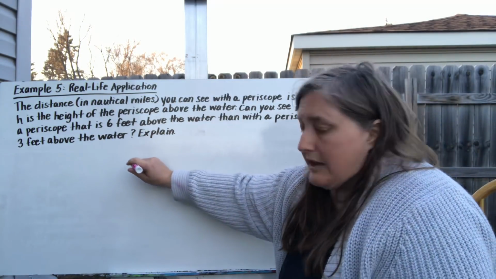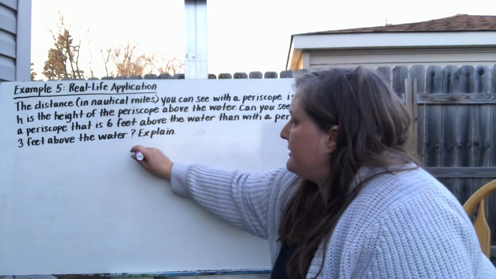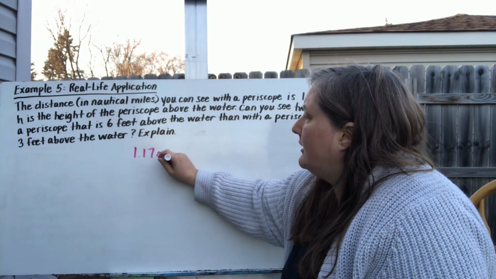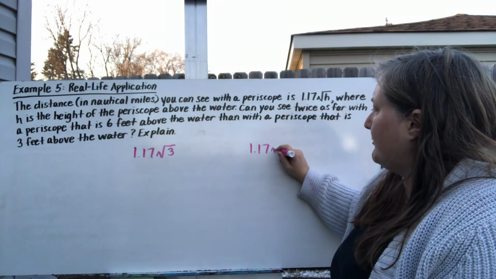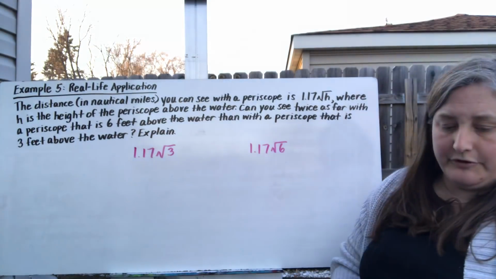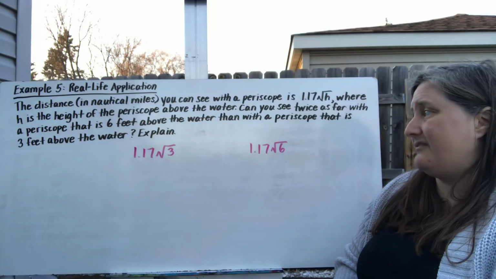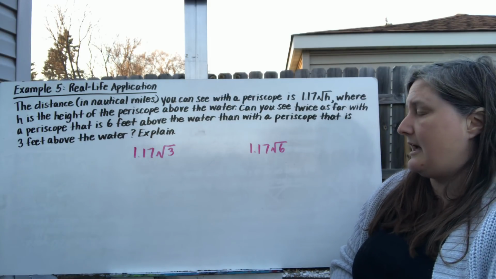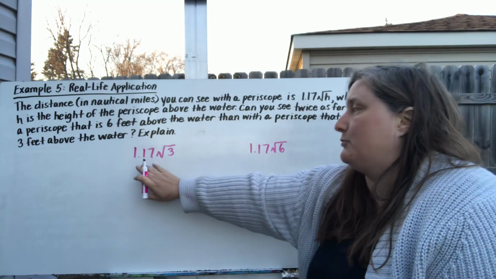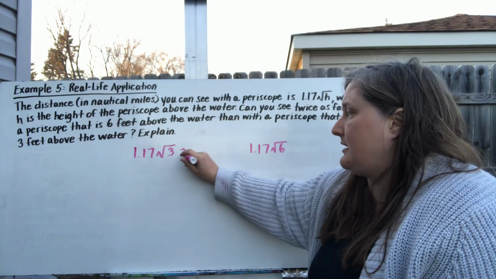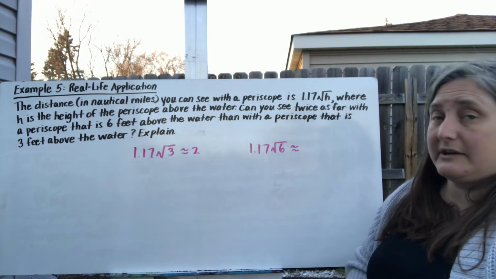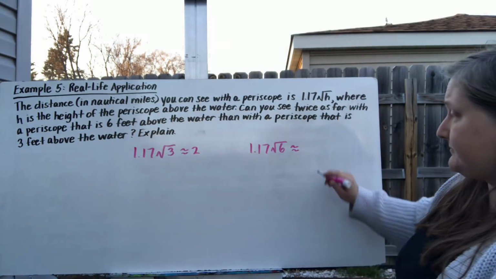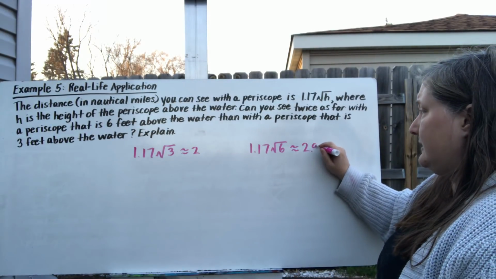So we're going to look at the periscope 3 feet above the water compared to 6 feet above the water. So the first thing I want to do here is just kind of approximate these, and I can do the square root of 3 times 1.17 in my calculator. I get about 2 here. The square root of 6 times 1.17, I get about 2.9.